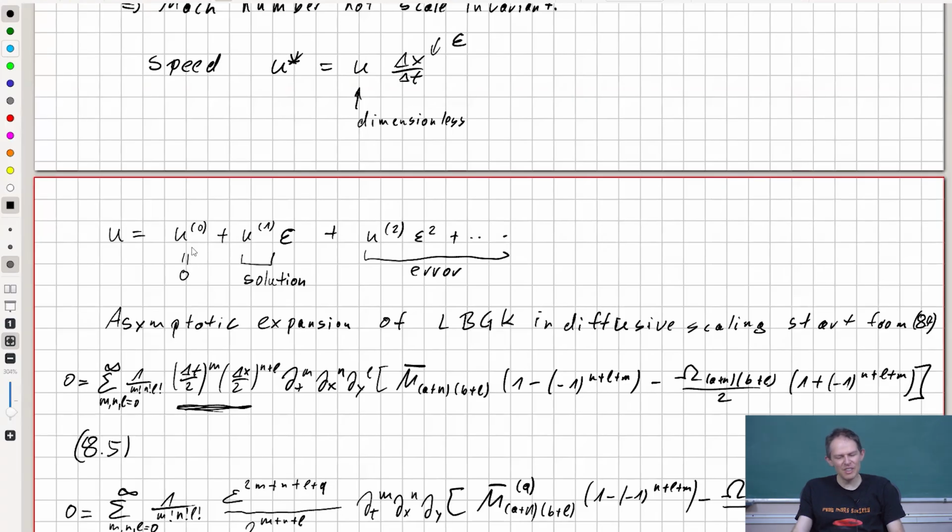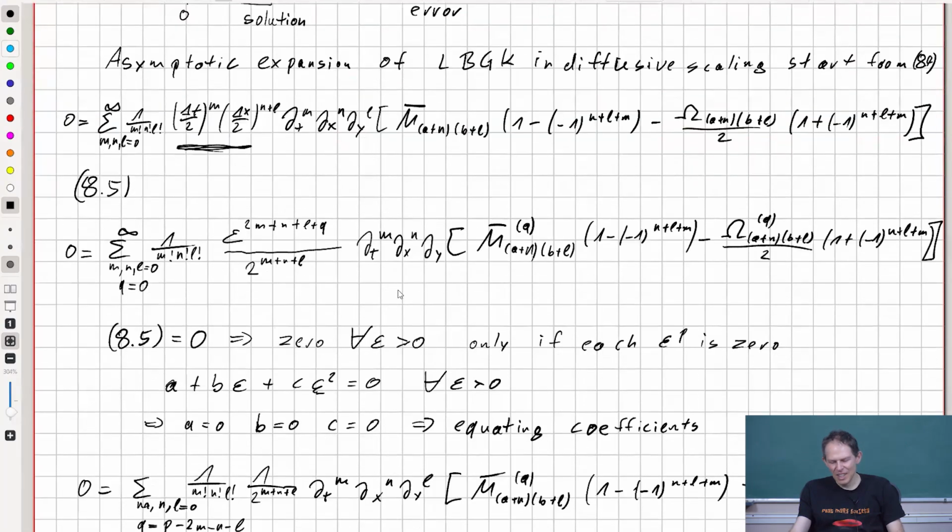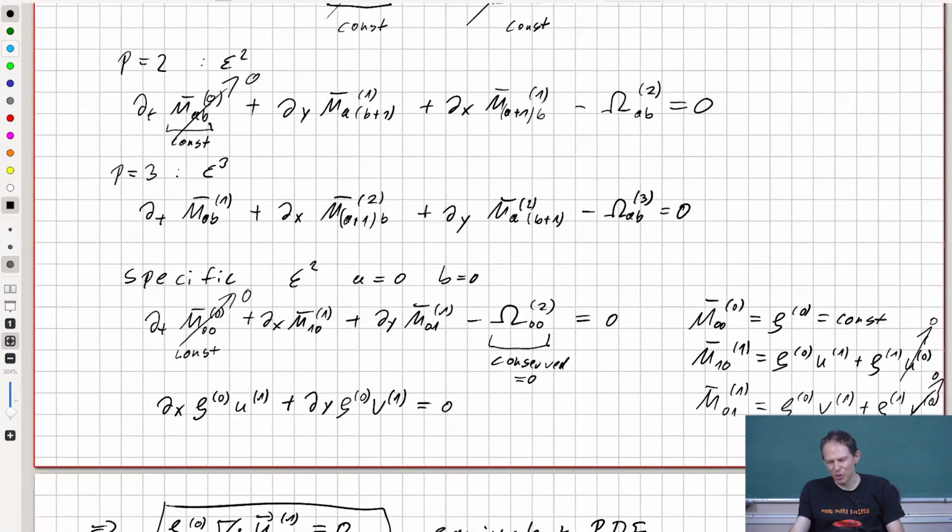We have to set our initial and boundary conditions such that there is no part in the velocity that does not depend on the resolution. So we set this thing here to 0, and because we set it to 0, we have it 0.